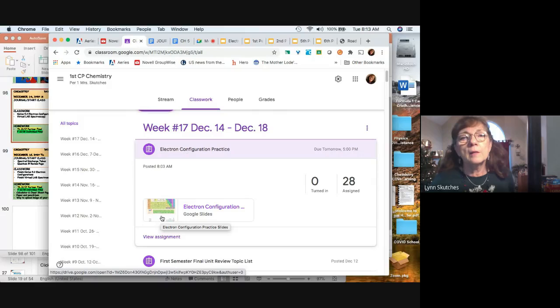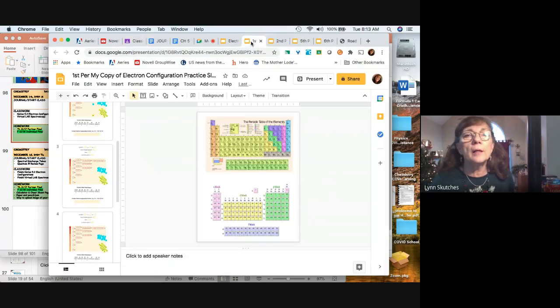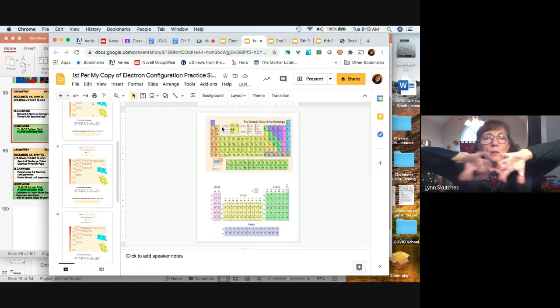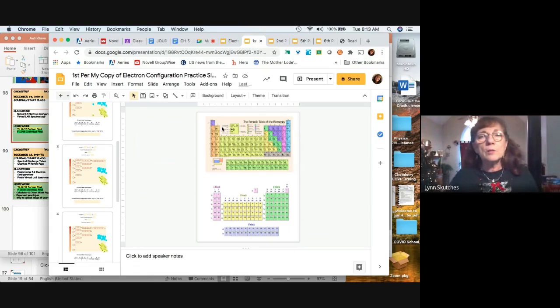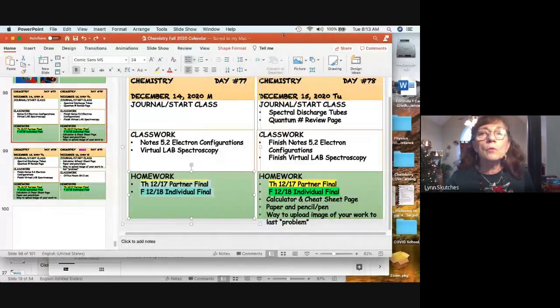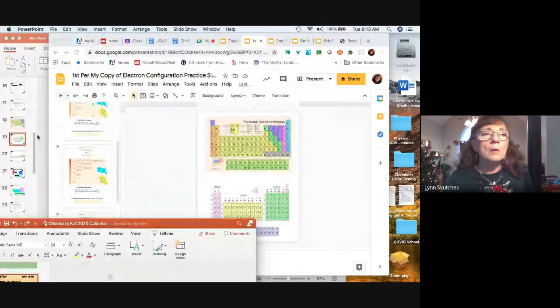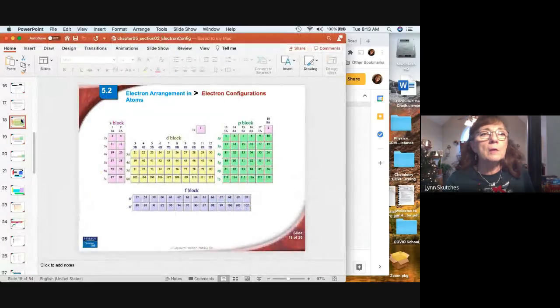And then the other item I would like you to pull up right now, please. And that is this electron configuration Google Slides. So bring that out and up on your screen so you can see what I'm doing. Either make 2, split your screen, make 2 windows, however you need to work it to make sense for you. I'm going to get this out of the way, and bring this up.